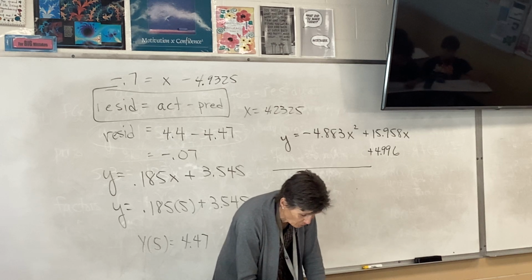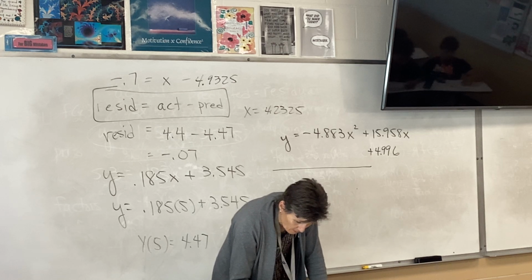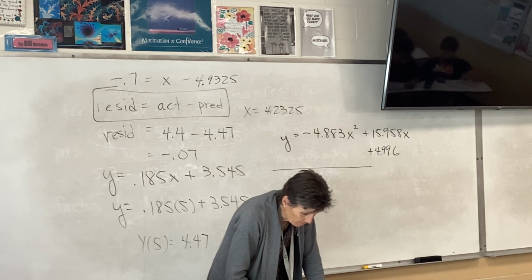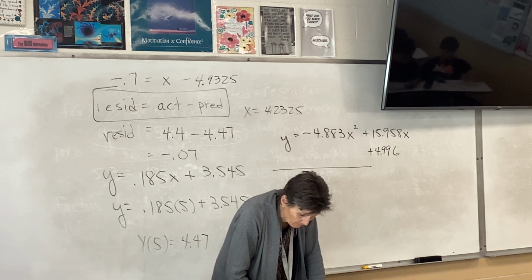They tell us which regression to use. So once you get them in, you're just going to stat calc, and you're choosing LN. LN, that's your logarithmic regression.